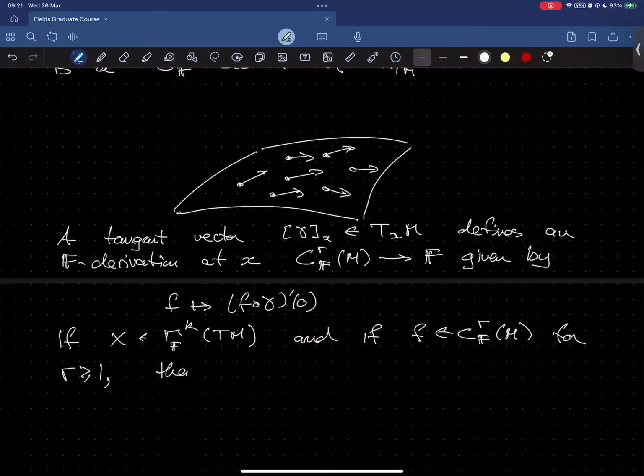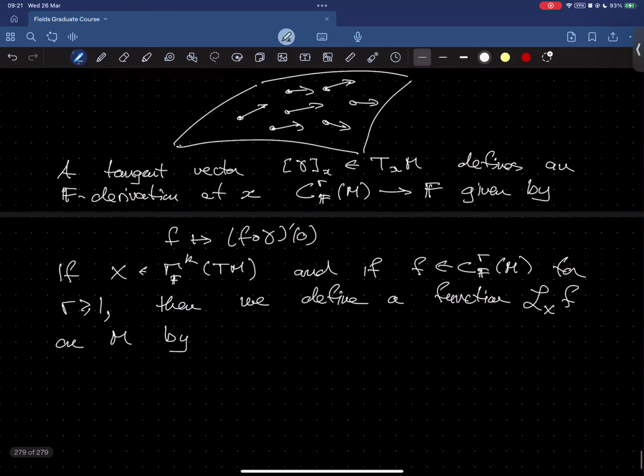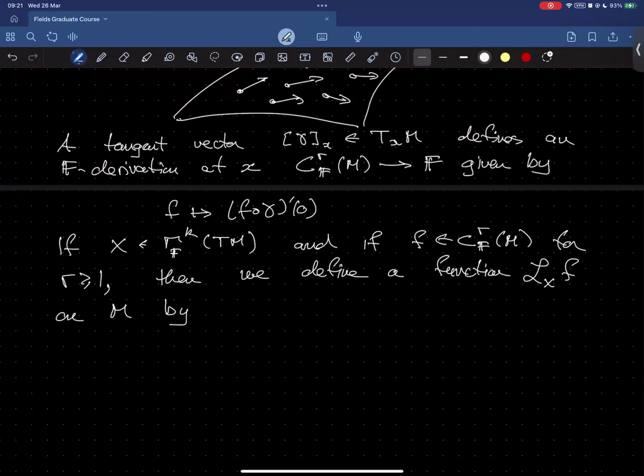Okay, then we define a function which I would denote L_X f on M by, okay, L_X f at x is simply going to be X at x, which is a tangent vector.